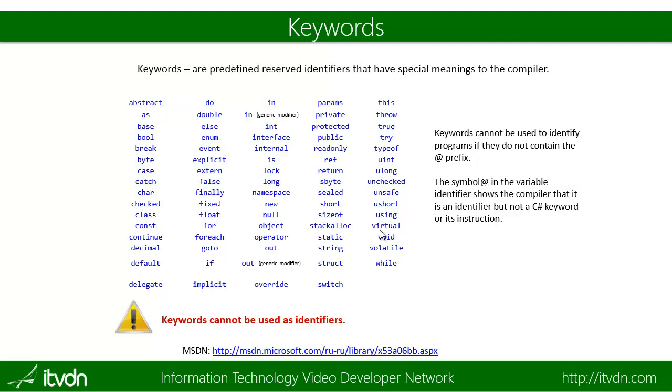So if you only use char, the computer will look at it as a keyword. But if you use at char, then the computer will look at it as an identifier rather than a keyword. So keywords cannot be used as identifiers except if they have the at prefix at the beginning. So these are some of the keywords that we'll look at during our course.